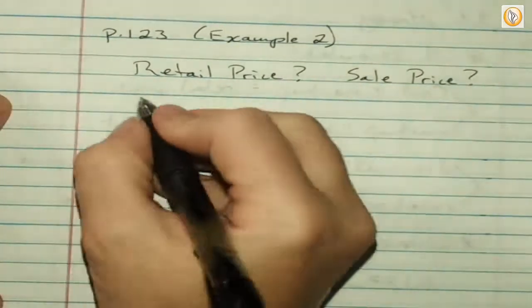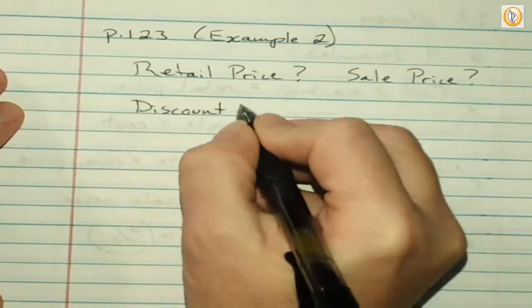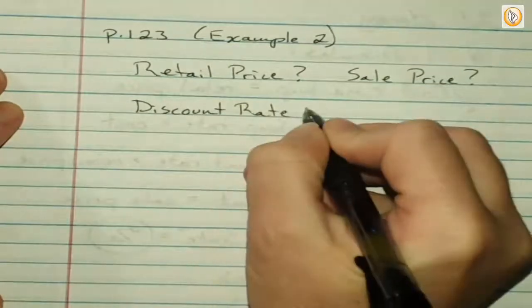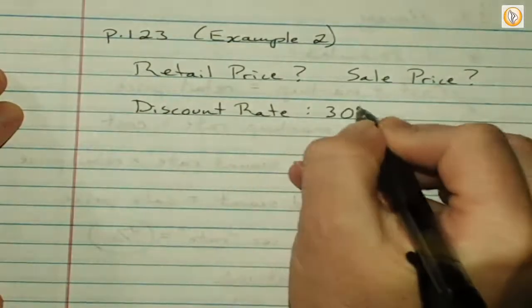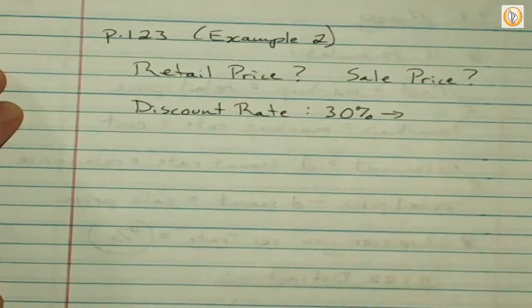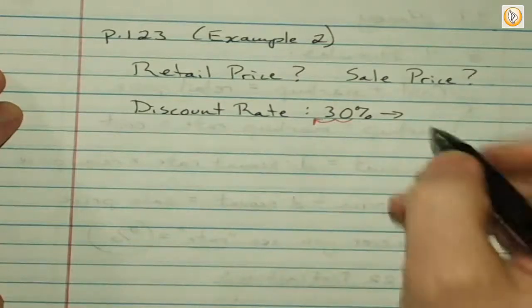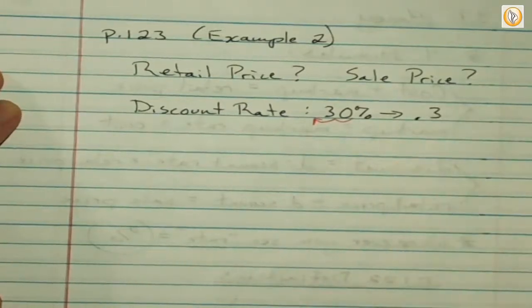What did they give us? They gave us the discount rate, which was 30%. That was in the problem. And what do we do to the percents? Change it to a decimal, which is 0.3.